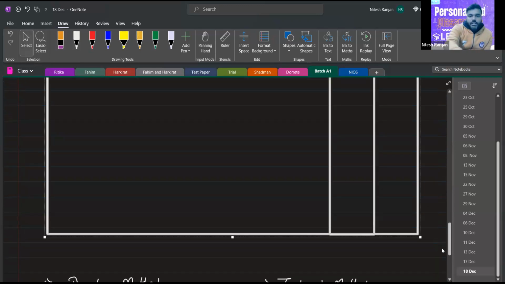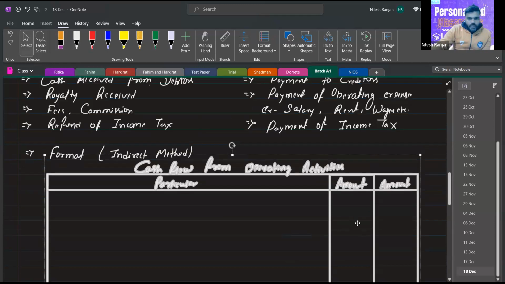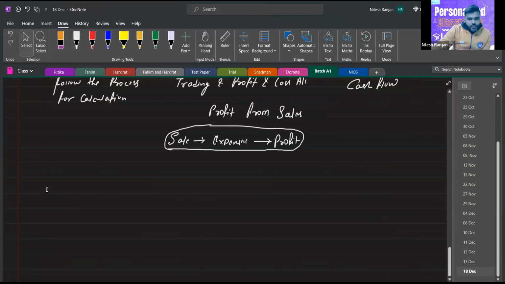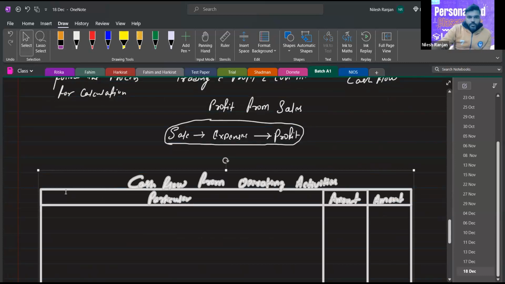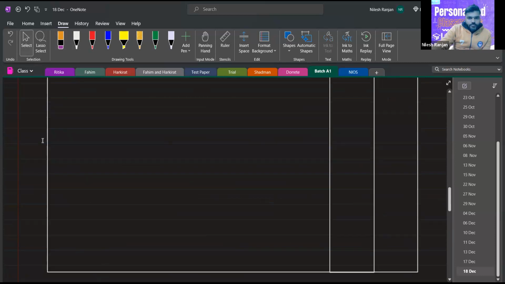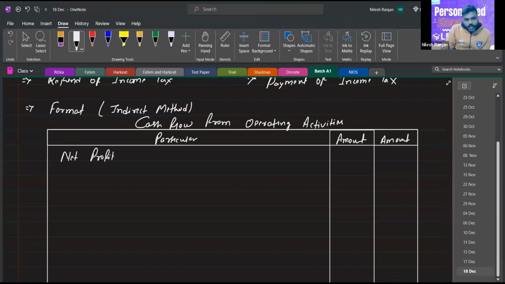Yes, the starting point in this format is Net profit for the year. Yes, here it is. In operating activities, the starting point is net profit before tax and extraordinary items.